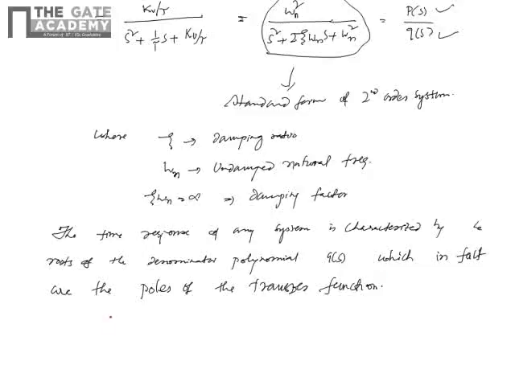Now the denominator polynomial Q(s) equal to 0 is called the characteristic equation.